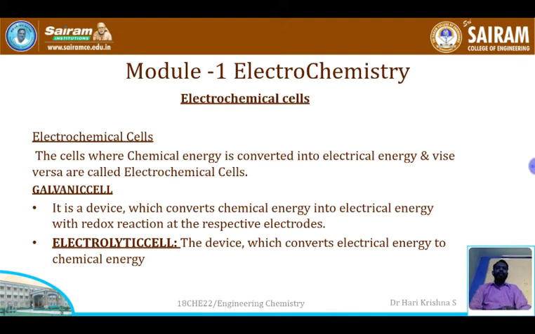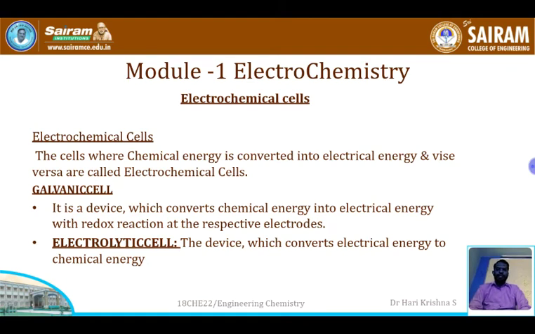So electrochemical cells are of two types. One is the galvanic cell, the other one is the electrolytic cell. What is a galvanic cell? What is an electrolytic cell? Let us discuss. The device which converts chemical energy into electrical energy with redox reactions is known as a galvanic cell.